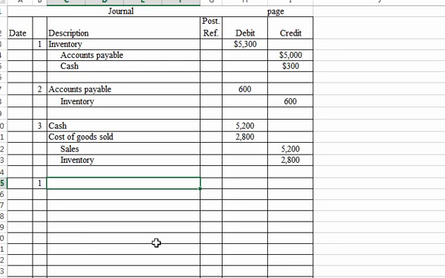This time I am going to make two entries. Instead of debiting inventory under a periodic system, we'll debit purchases for $5,300. The credit is still to accounts payable. Also a part of number 1. For the freight charges, we're not going to include those in purchases.